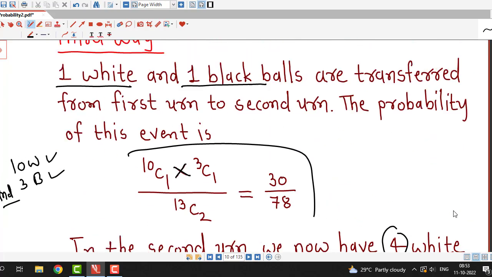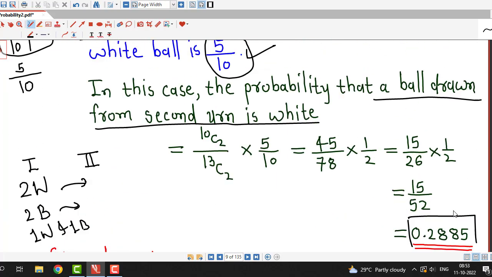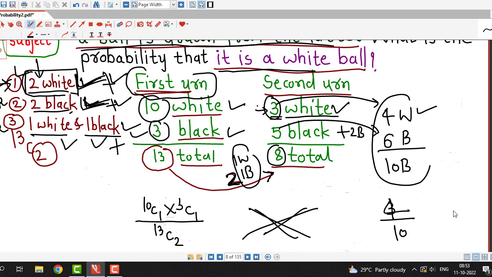Now we have taken these three mutually exclusive ways. We can transfer two balls from the first urn into the second urn in these three mutually exclusive ways, and then we select one white ball from the second urn. So the probability that the selected ball is a white ball from the second urn will be the addition of the probabilities of these three mutually exclusive events.